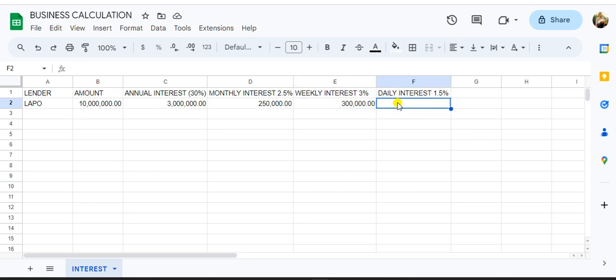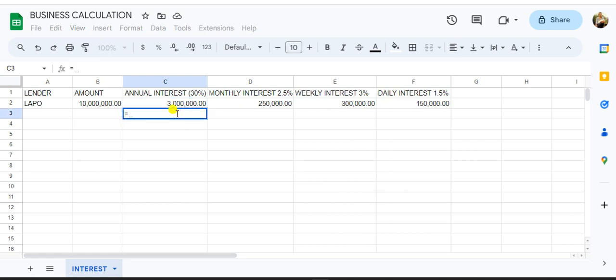Then daily interest, which is a 10 million naira loan multiplied by 1.5% interest. I'm just using this as an example. So it means that you'll be giving them 150,000 naira every day.